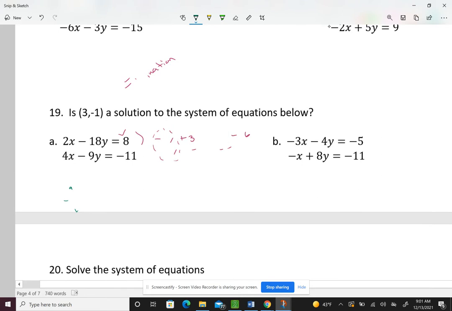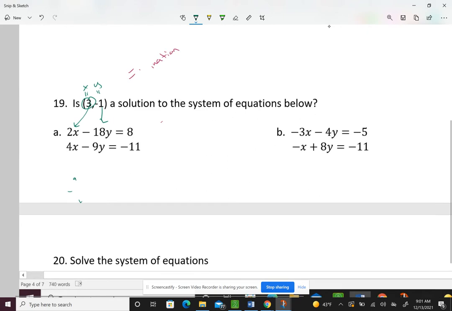On this problem, what you could do is plug in right here. We know that x equals 3 and y equals negative 1. So I'm just going to replace this with 3 and that with negative 1, rewrite it, and see if I get the correct answer. So I'm changing the x to 3 and the y to negative 1. Now when I solve this, this has to give me 8.